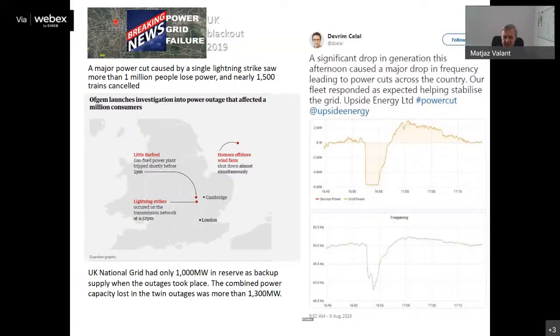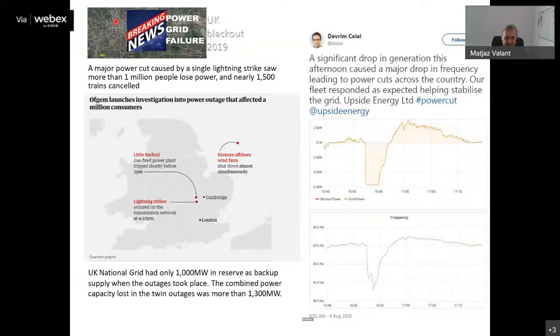You would think the UK would have a really well-maintained grid. But you see, even in such a country, something can go wrong. In 2019, there was a storm in the north of England near Cambridge, and lightning struck a power plant.